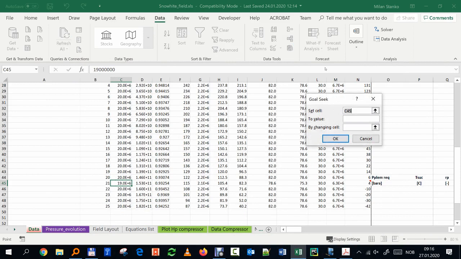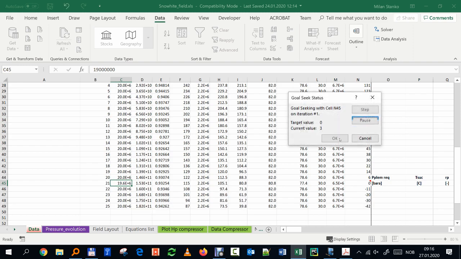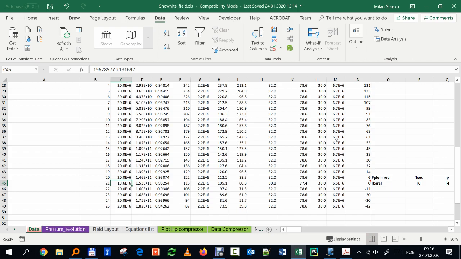Goal seek, and here we say which cell do we want to change. It will be this one. Okay, we want to set it to 0, and we want to do that by changing this cell here. Okay, and this time it was successful. The rate has to be lowered to 19.6 in year 21.